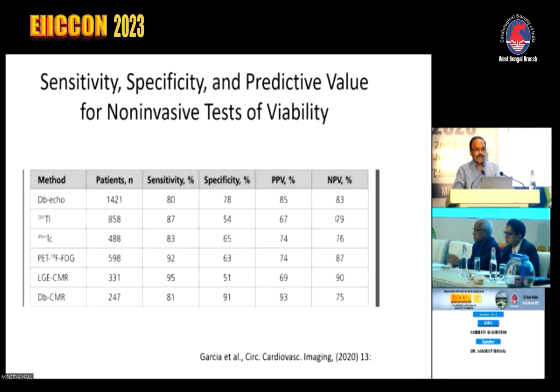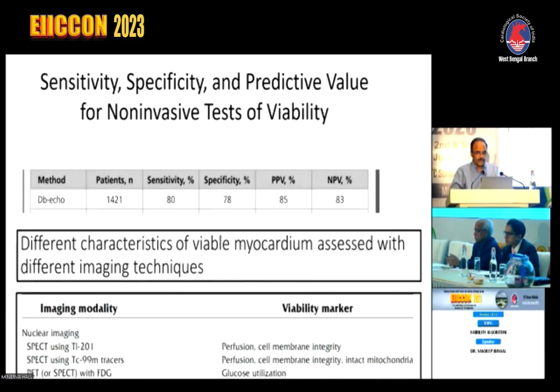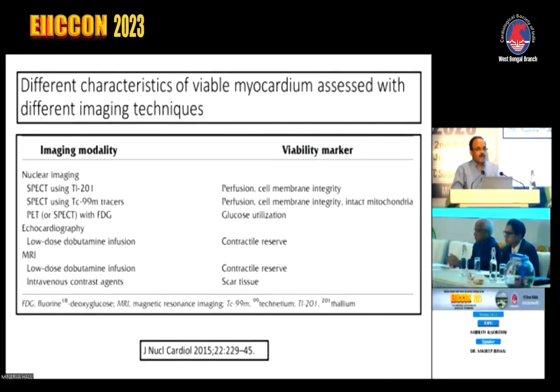As we find, if you consider sensitivity, specificity, positive predictive and negative predictive value, the gold standard at the present time is FDG PET, although tough competition is being given by cardiac magnetic resonance imaging. So these are the various modalities on the left side.